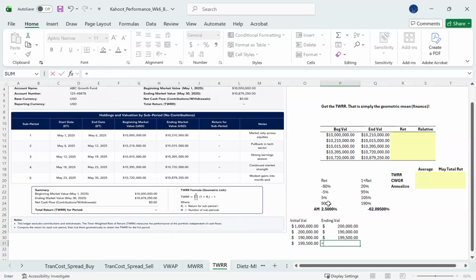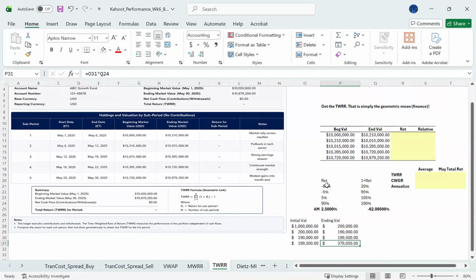But now that 90% is based on the 199,500. So if you multiply that by the price relative, that yes, is a very good return, but it's only going to take you up to $379,050. Okay, so from 1 million, if you have invested in this product, your ending value is 379,000.